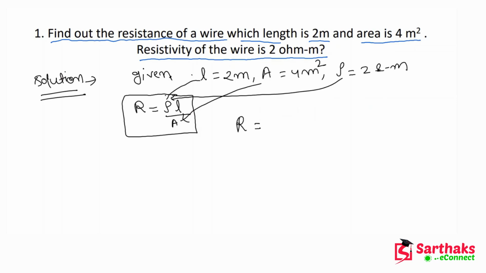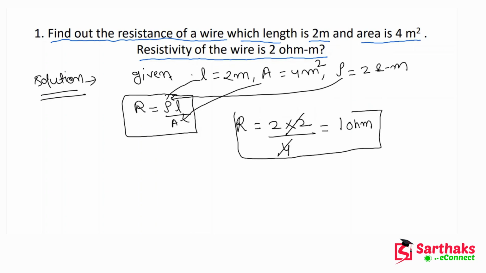The resistivity is 2, multiplied by L, which is 2, and divided by this area, which is 4. If you calculate and solve this, then you will get 1 ohm. So the value of the resistance is 1 ohm. I hope guys you get your answer. Now let's move on to the next slide.